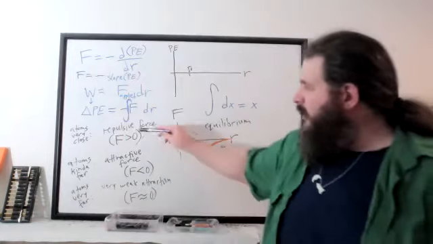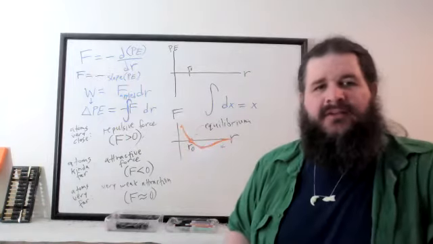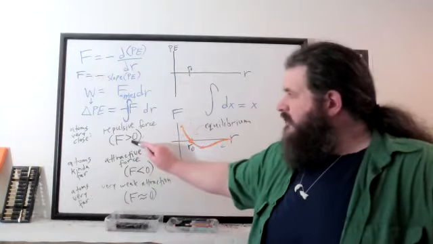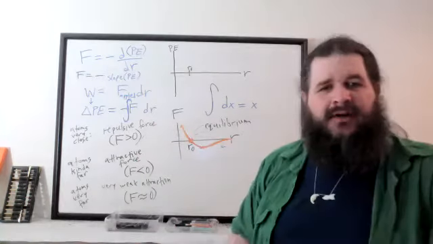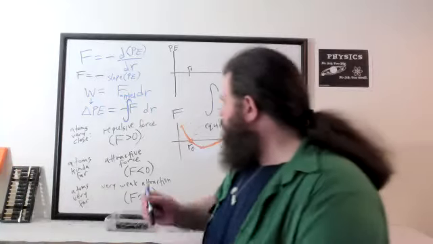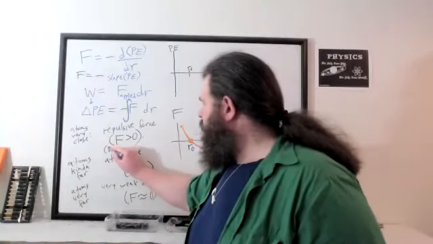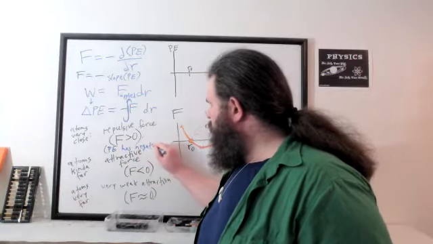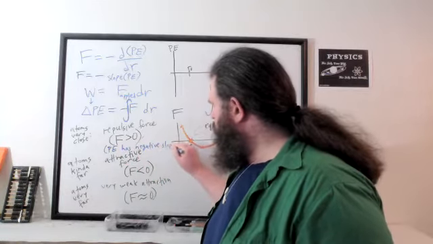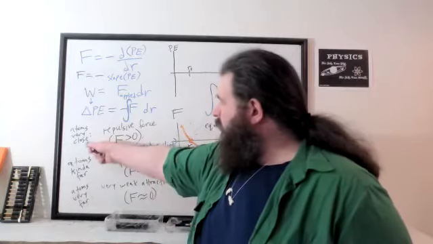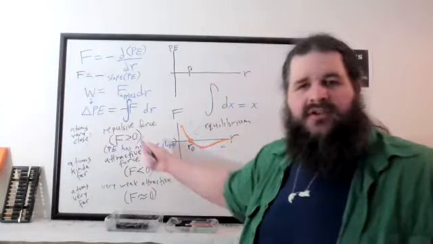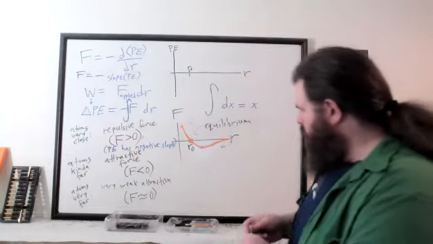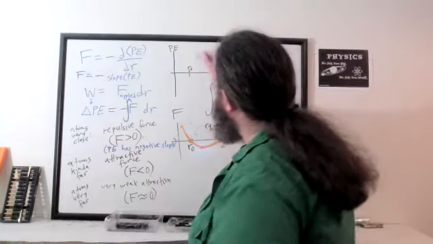So we can translate all these statements about force into statements about the slope of the potential energy graph. If the force is positive, then the slope of the potential energy graph is going to be negative. So if the atoms are very close, the force is positive, so the potential energy slope is negative. In fact, let's go ahead and fill that in on the graph.